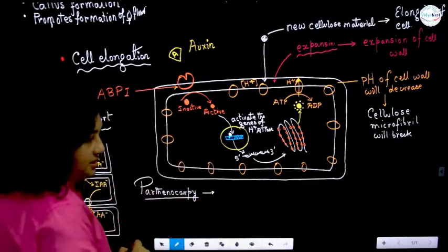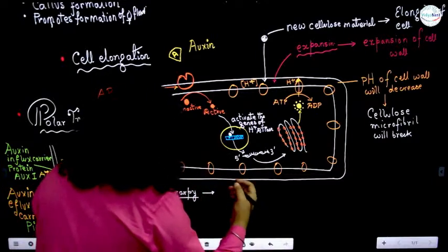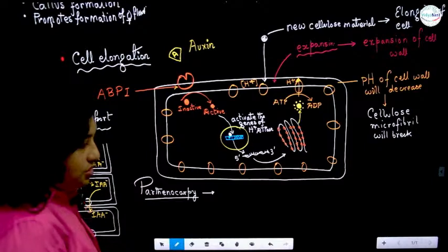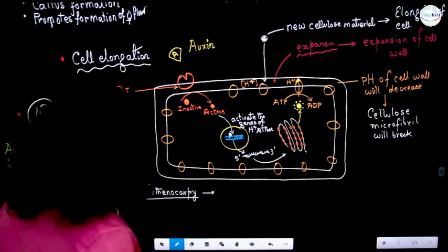Parthenocarpy is a process in which the ovary gets transformed into fruit without fertilization.